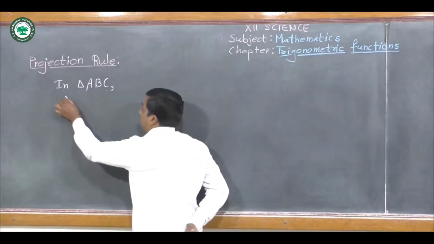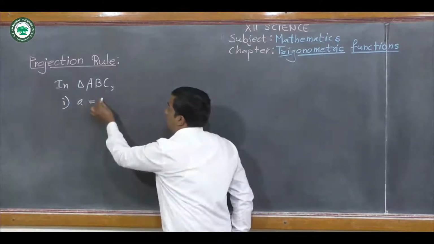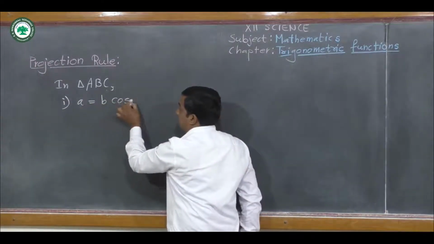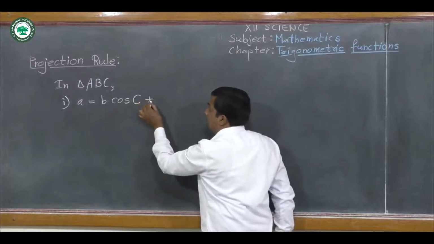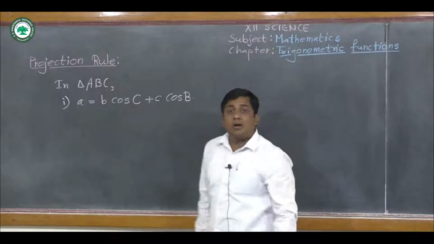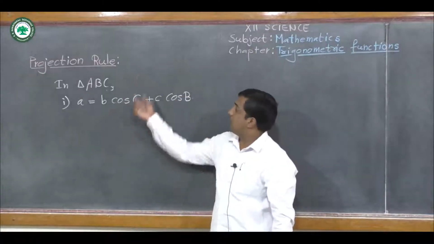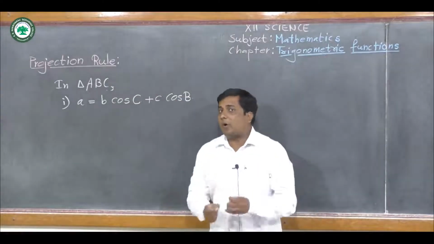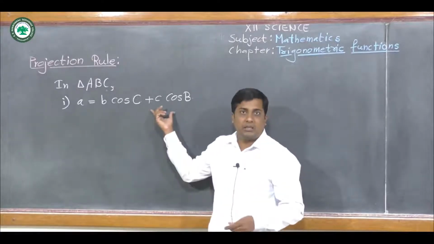The first is a = b cos C + c cos B. This is the first relation for this projection rule.